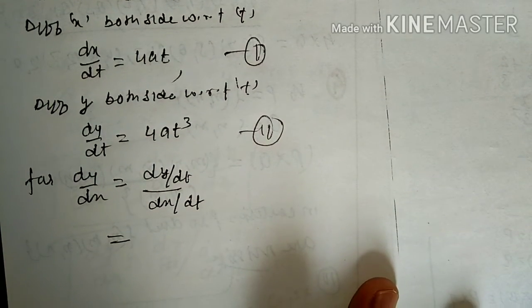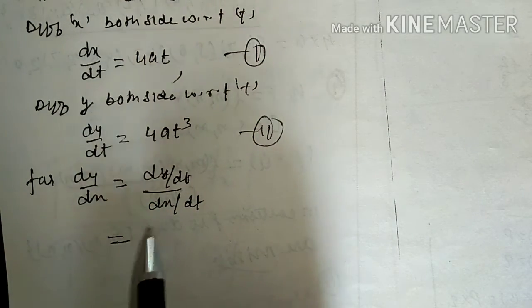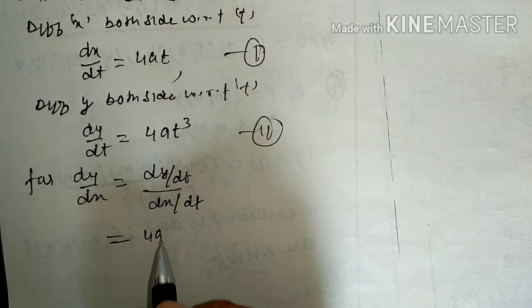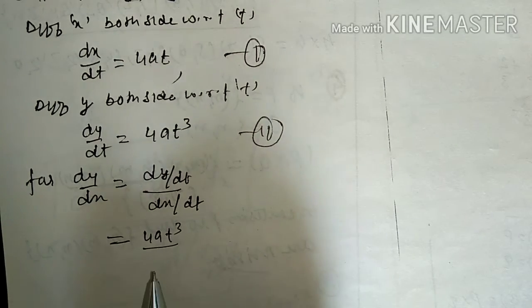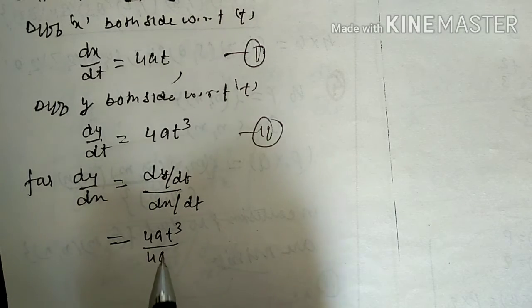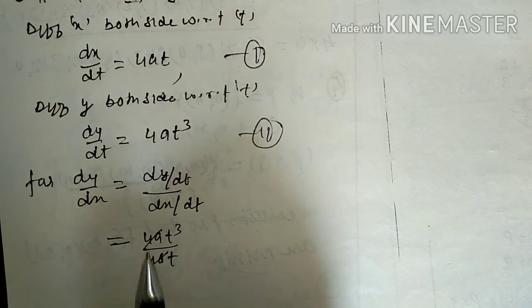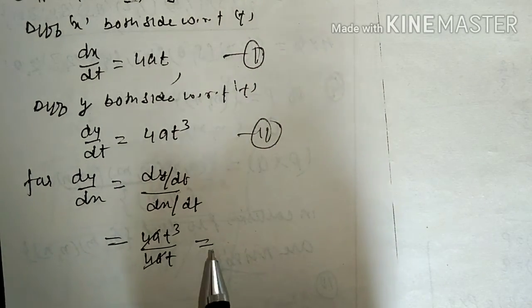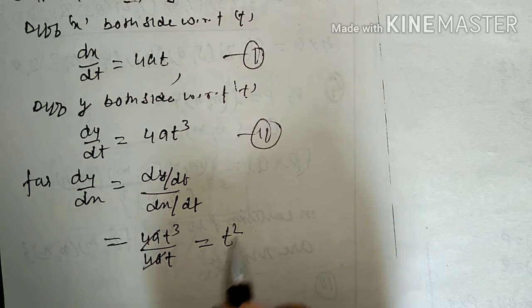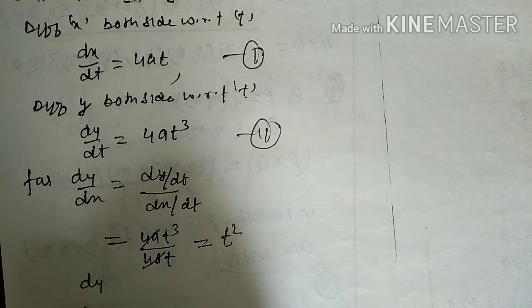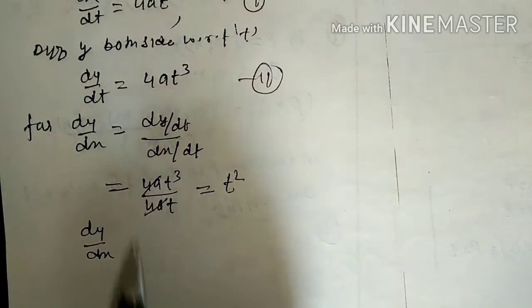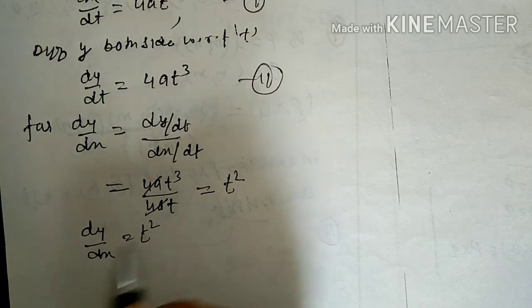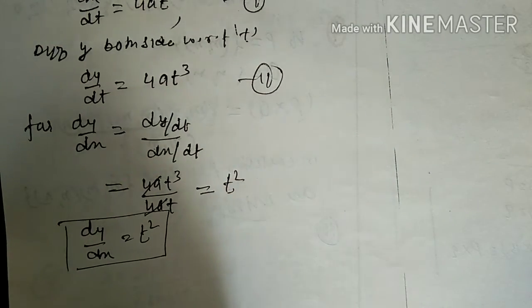So we have dy upon dt, 4at cube, upon dx upon dt, 2at. So 2at and 2at cancel out, and finally we get t square. So dy upon dx is t square. This is the first question.